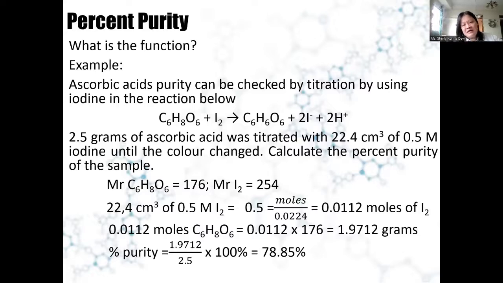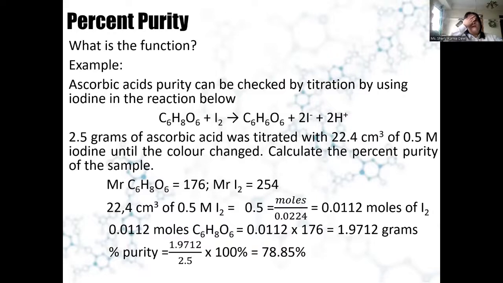Ascorbic acid purity from the process before can be checked by titration using iodine in the reaction below. So you can determine whether the ascorbic acid from the process before is pure or not. We add iodine.